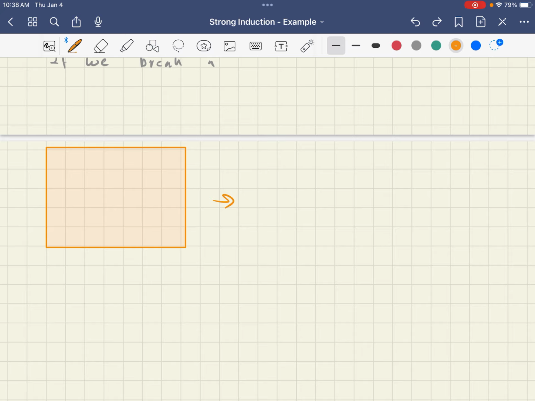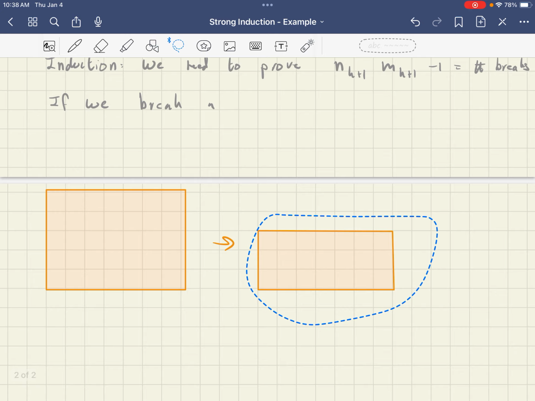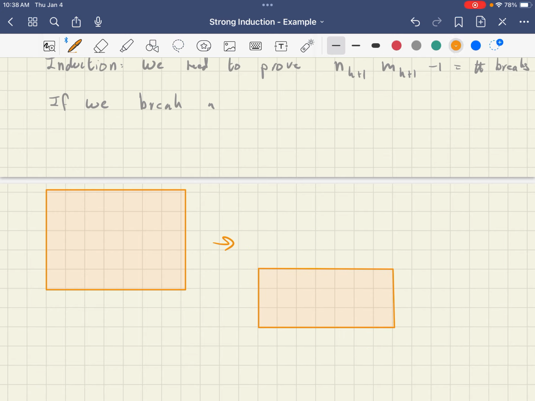This is 5, so I'll do a 3. That's by 6. And so that's one of the bar pieces. So this is by 7. Let me just put the dimensions here. This is 7, and this one's 5.